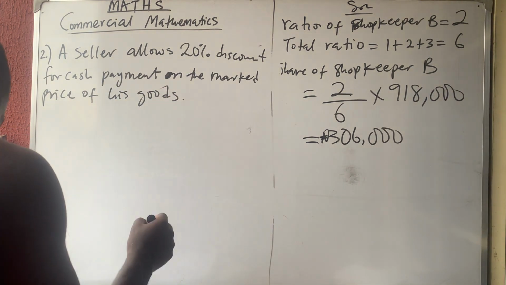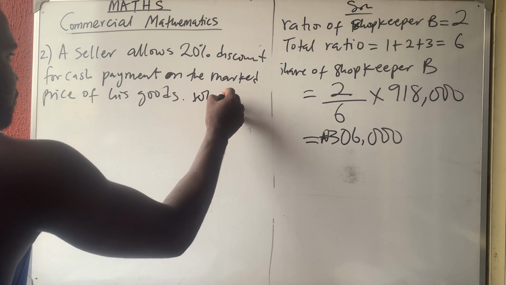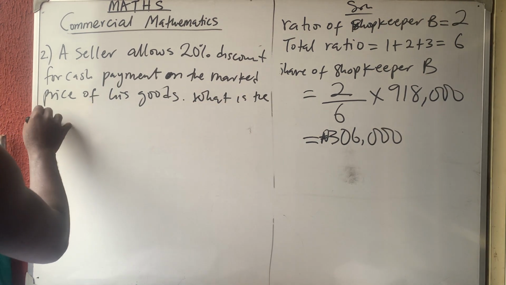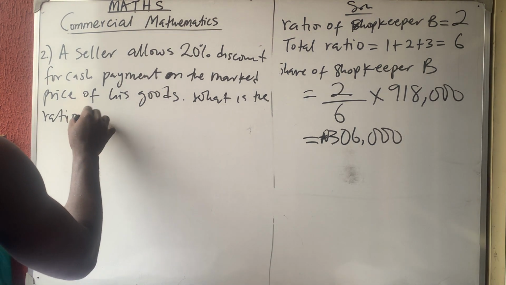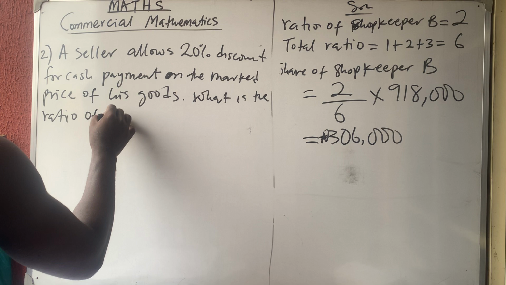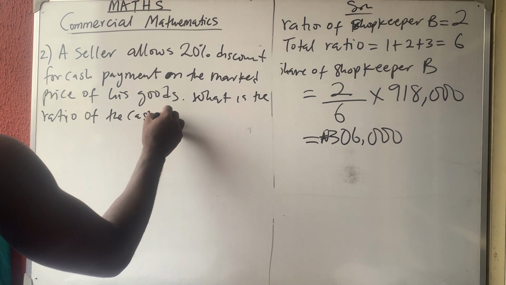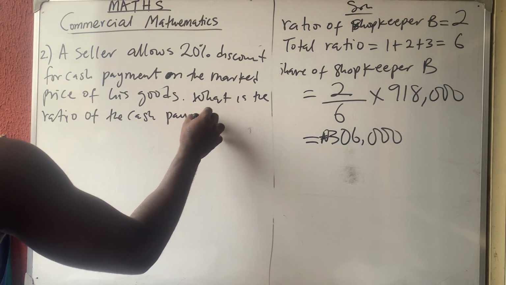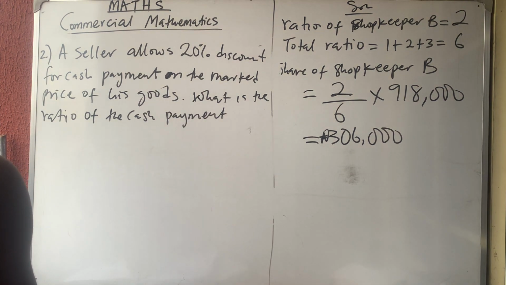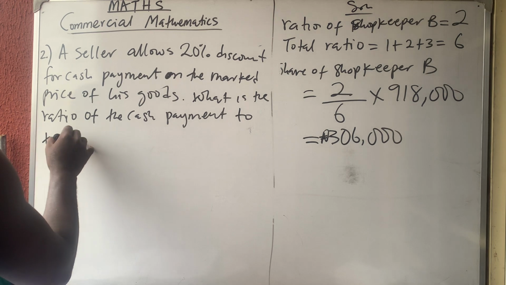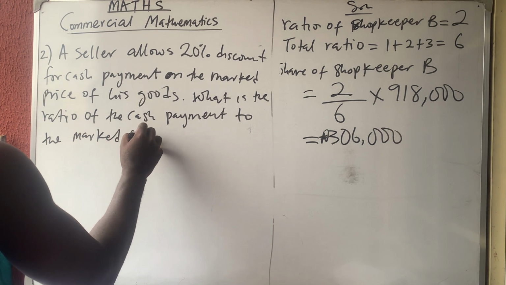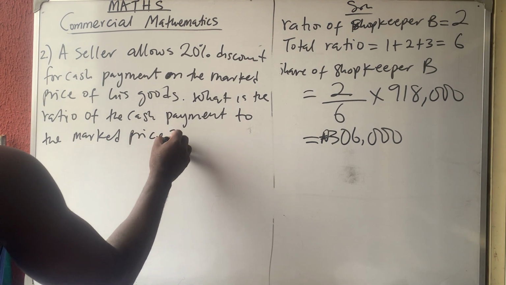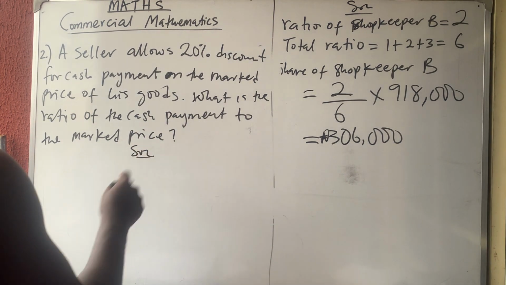Then they now ask: what is the ratio of the cash payment to the marked price?